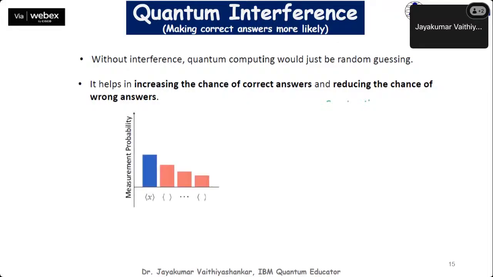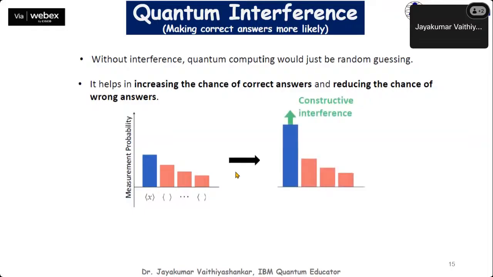Take an example of measurement. Whenever you do any quantum experiment and measurement, you will have different combinations of outputs. Each and every quantum state has some amplitude. Whenever you do a quantum operation, it will create constructive interference.